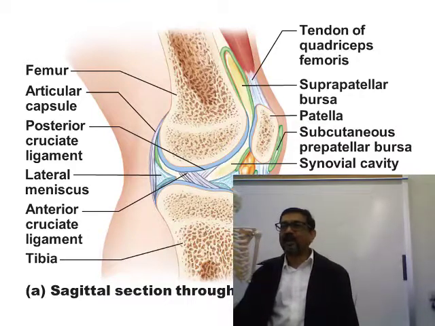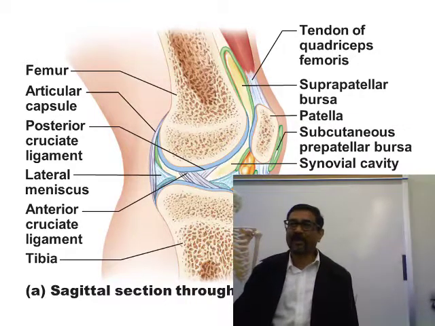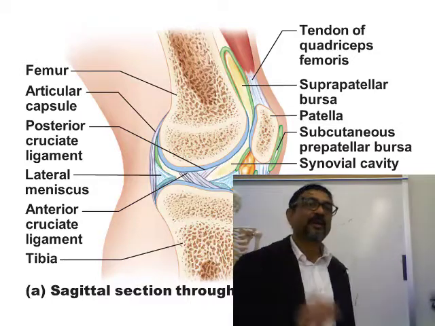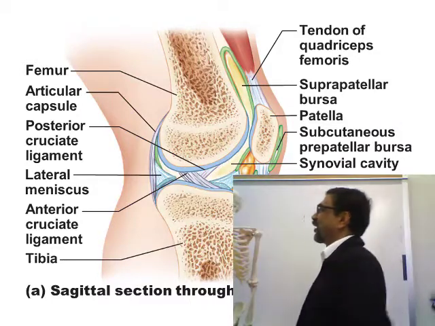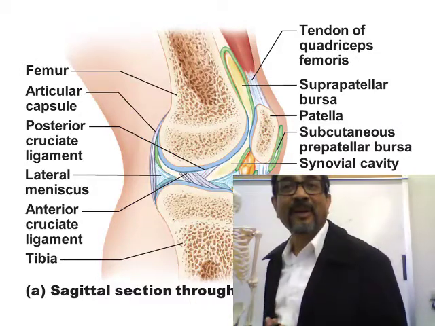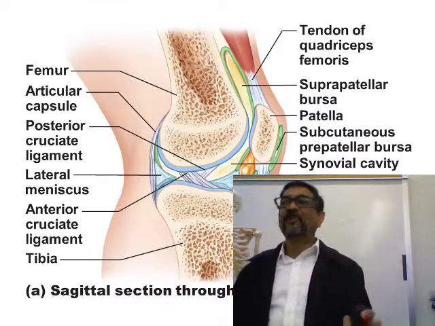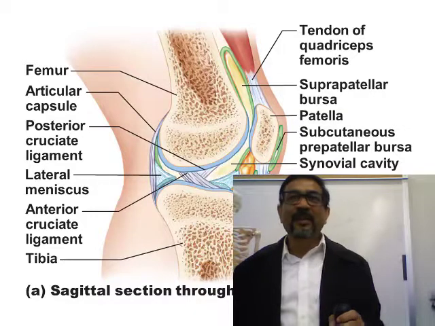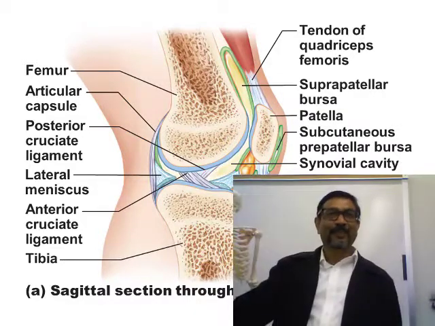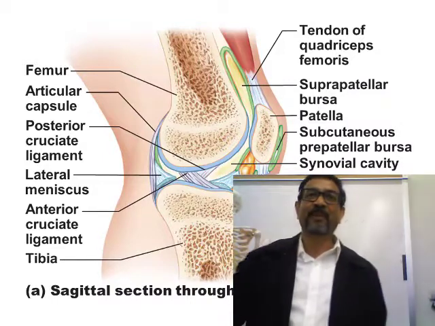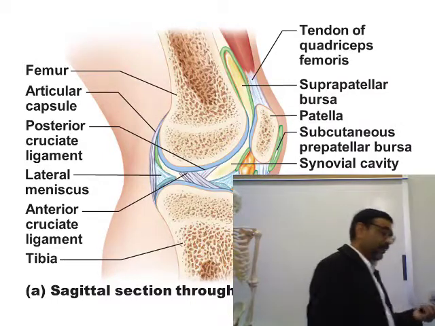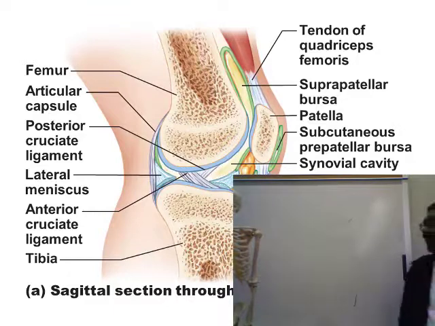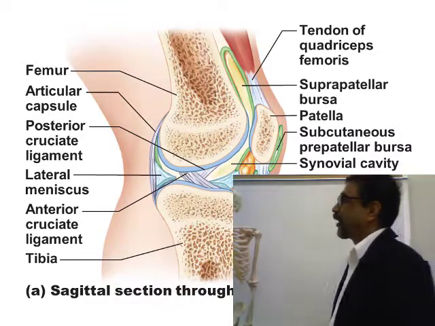So, under the skin, but before the patella, you have another bursa, that is the subcutaneous prepatellar bursa. Make sense? Sub means under, cutaneous means what? Skin. So, under the skin, before you hit the patella, right? That's a prepatellar. So all these make sense, the names. Subcutaneous prepatellar bursa.